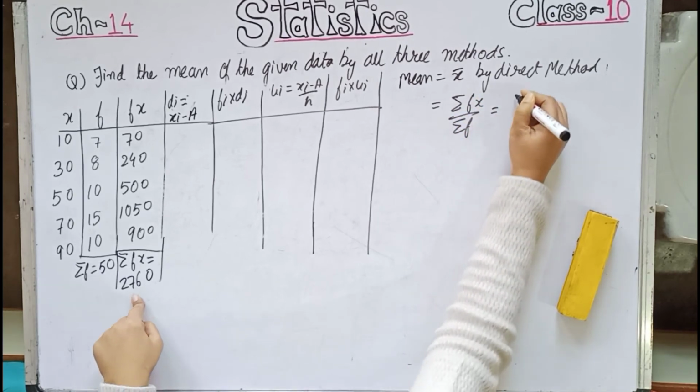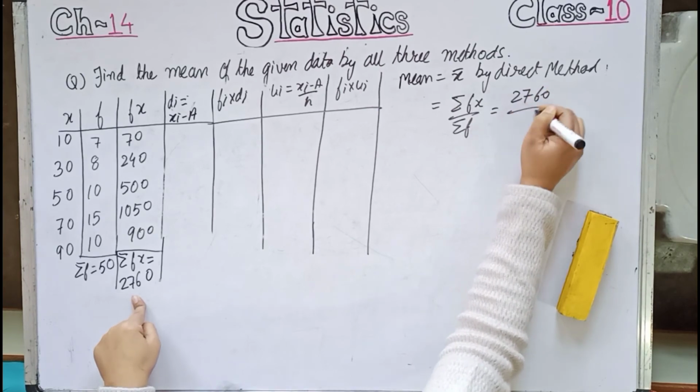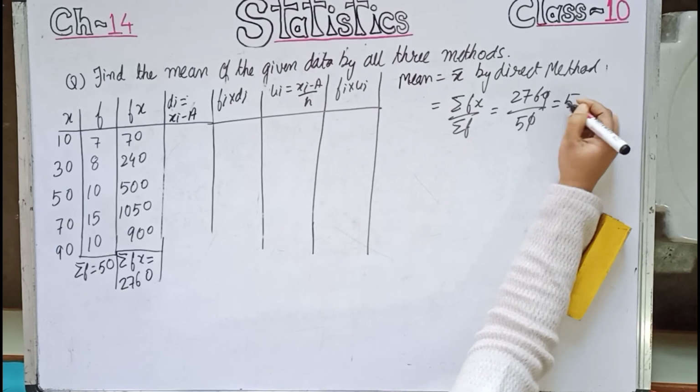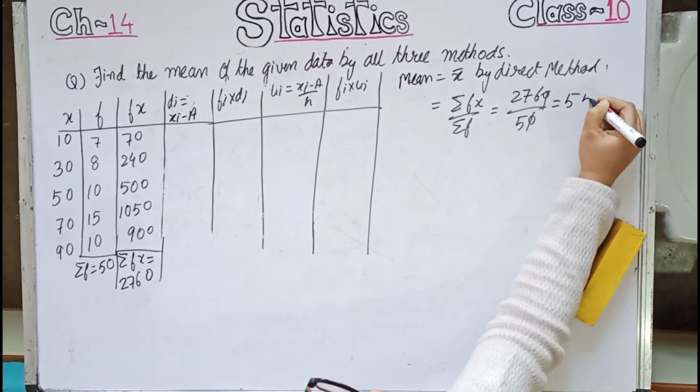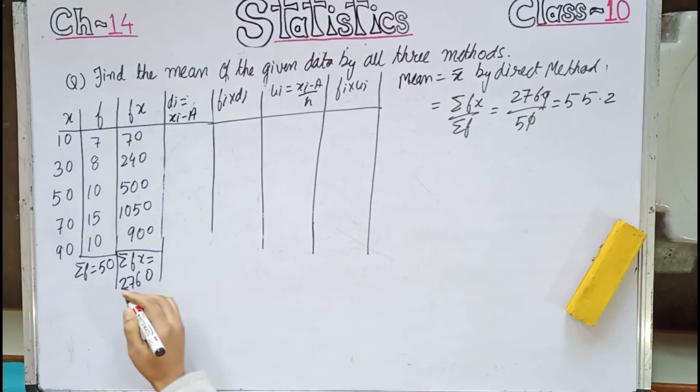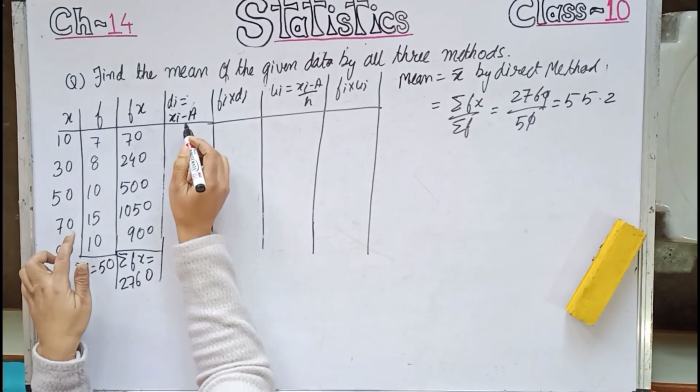Summation fx is coming as 2760 by summation f, that is 50. So 5 5s are 25, and the mean is 55.2.